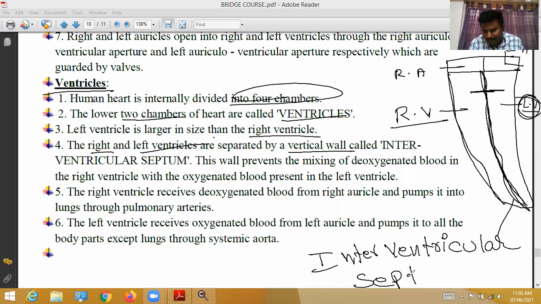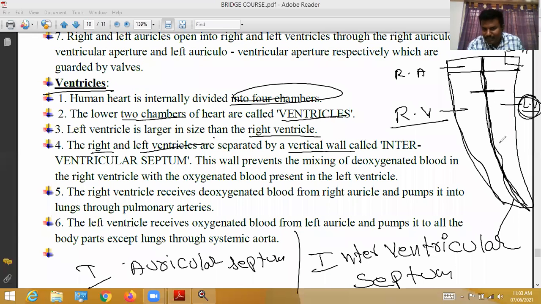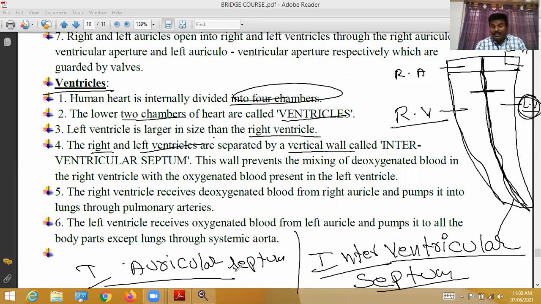Similarly, the wall present in between the auricles is called the interauricular septum.